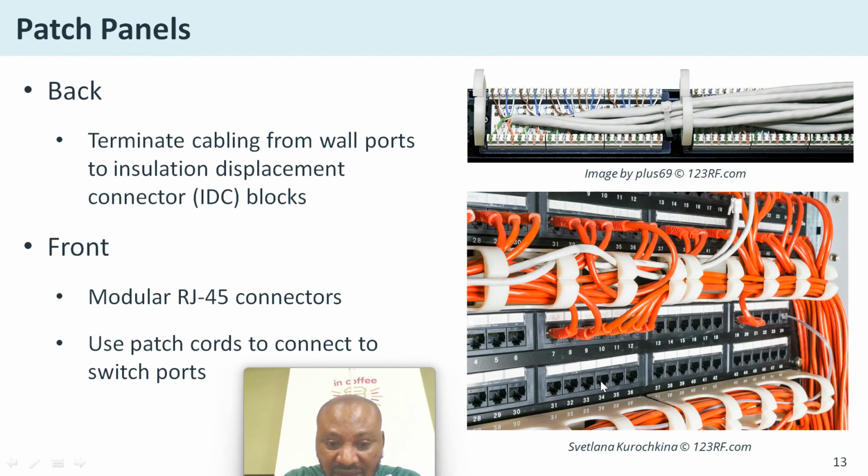The other end has to go to the distributor, which is the switch, right? For identification of the cables, you have a patch panel, and the patch panel has numbers on it. See, they have numbers.